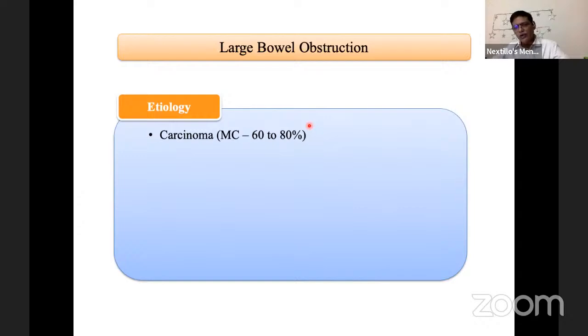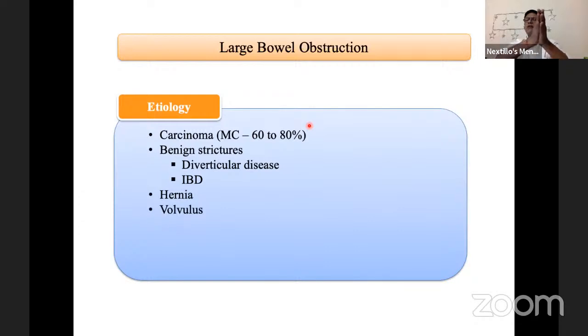Then they may also be due to strictures, like strictures seen with diverticular disease or with inflammatory bowel disease, that is Crohn's colitis or ulcerative colitis. Then they may also be seen with different hernias if the large bowel is involved. Then they may be due to volvulus.